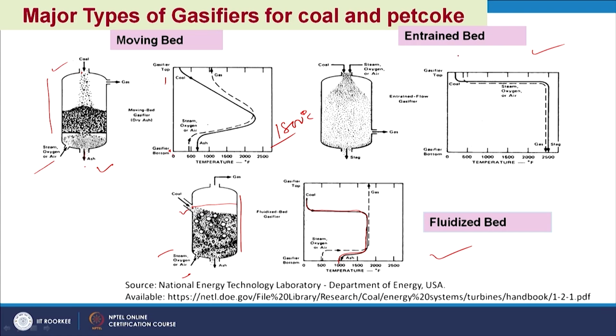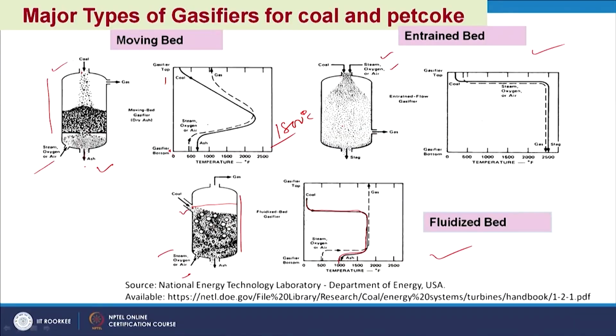Another is the entrained flow reactor. Here we send coal and then steam, oxygen or air. Very fine particles are used, the particle size is much smaller than in the fluidized bed, and the coal, steam and air or oxygen all flow in the same direction. So, it gets less residence time, and ash is collected here and gas goes out at the bottom.